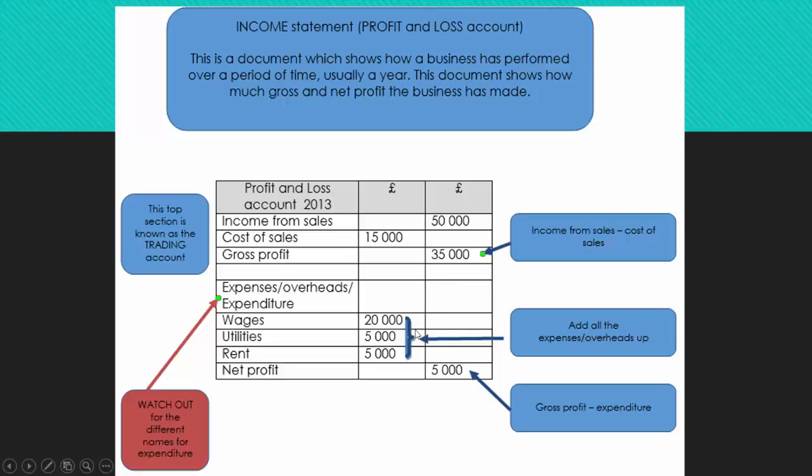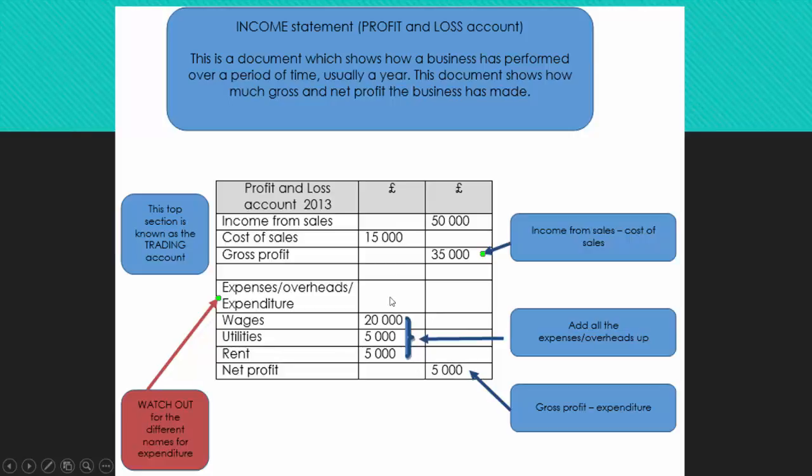But then actually the expenses, the overheads of that business, the other costs of that business added up to £30,000. So double the amount of the cost of sales. So if it was me looking at this, I'd probably comment on that and say, actually, although this business has ended up with a net profit, maybe they need to consider trying to reduce these expenses and overheads in order to make a higher net profit.